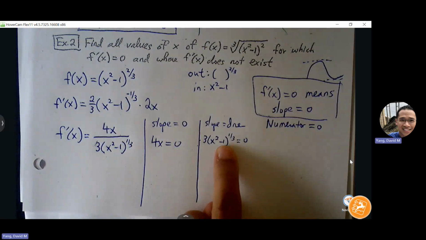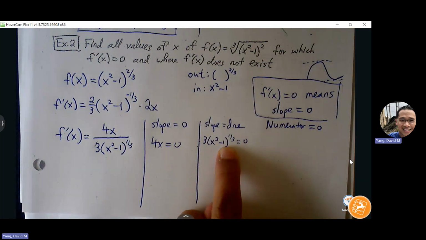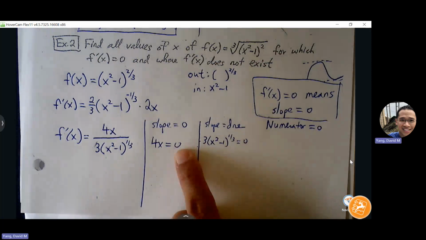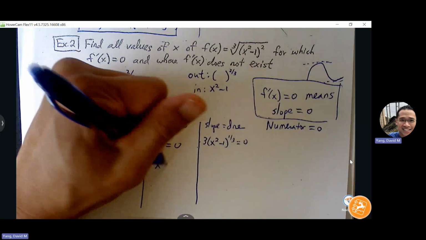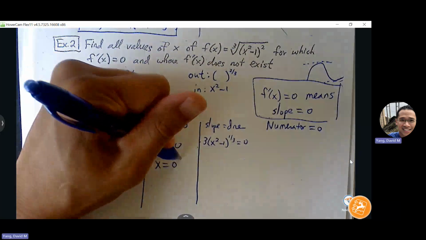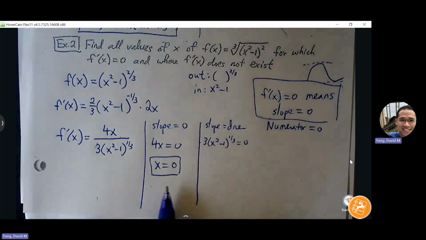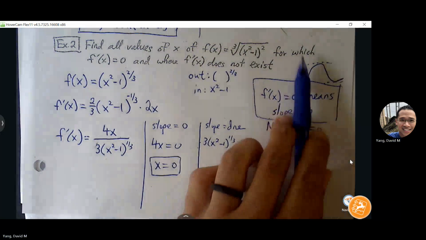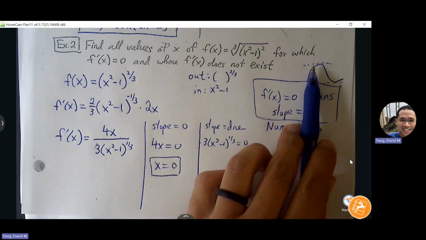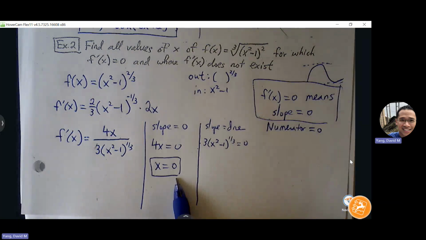So if I solve for x, this will tell me where on the graph the slope is going to be undefined. Okay, so here, divide both sides by 4, x equals 0. So when x equals 0, the graph is going to experience a slope 0 at this location.